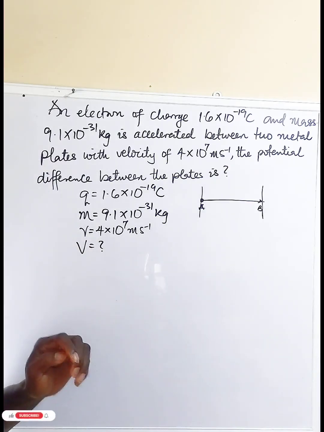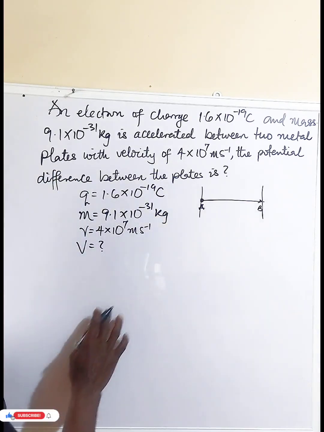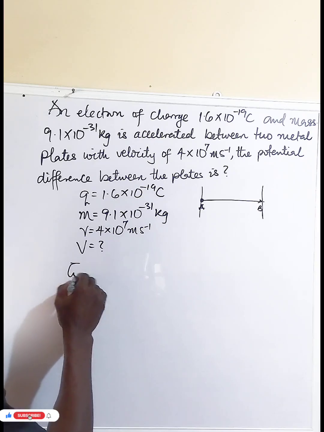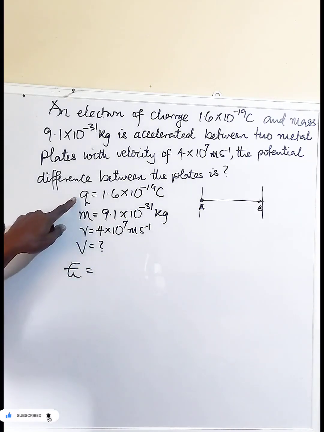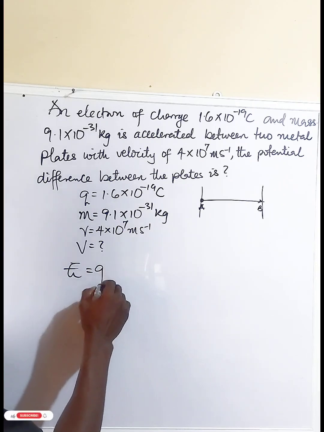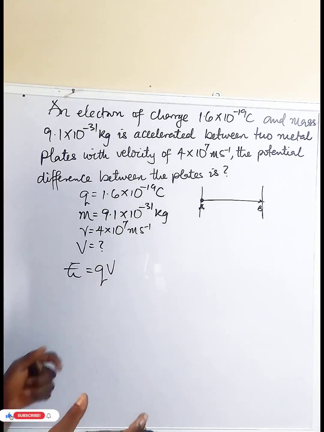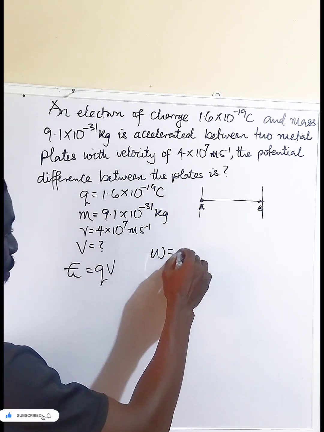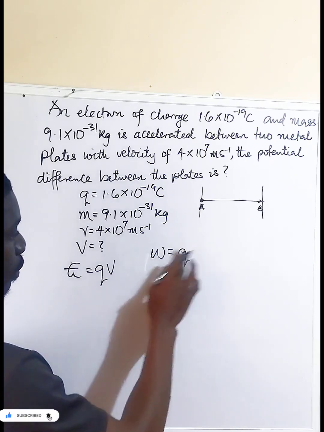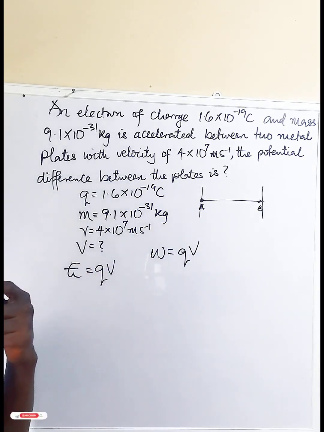Now we can say that the energy here equals the product of the charge times the potential difference. We know that work done equals the product of charge and the potential difference.